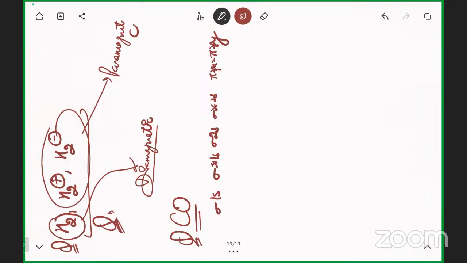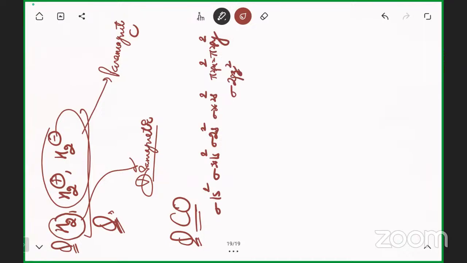How many electrons are there? 14, sir, total. How? In carbon we have 6 electrons and in oxygen we have 8 electrons. So total electrons are 14. Start filling: 2, 4, 6, 8, 10, 12. Then sigma 2pz, 2 electrons.